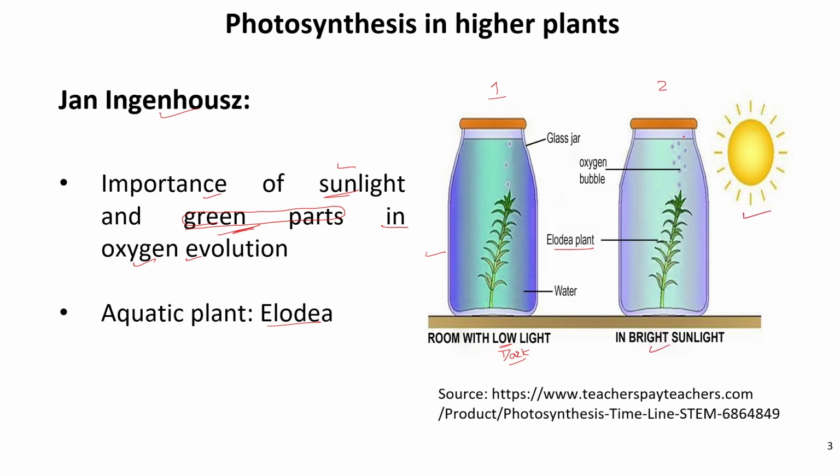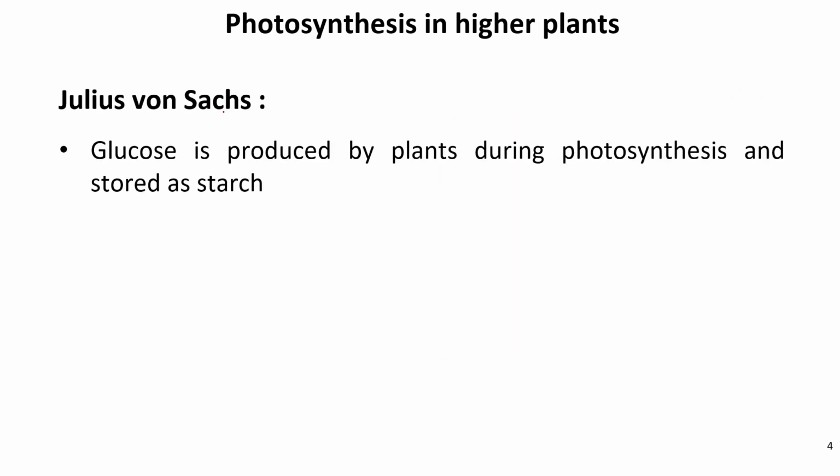Alright, and then he noticed the evolution of the oxygen, okay, in the form of oxygen bubbles. Alright, and from this experiment, he concluded that the green part of the plant and the sunlight is important for the oxygen evolution.